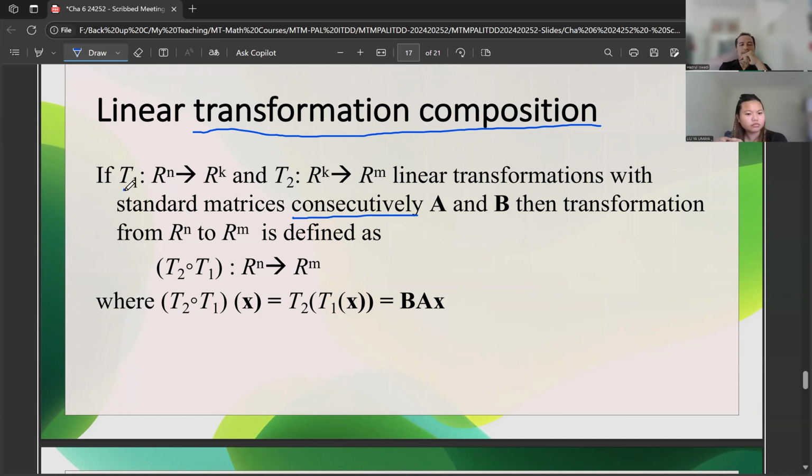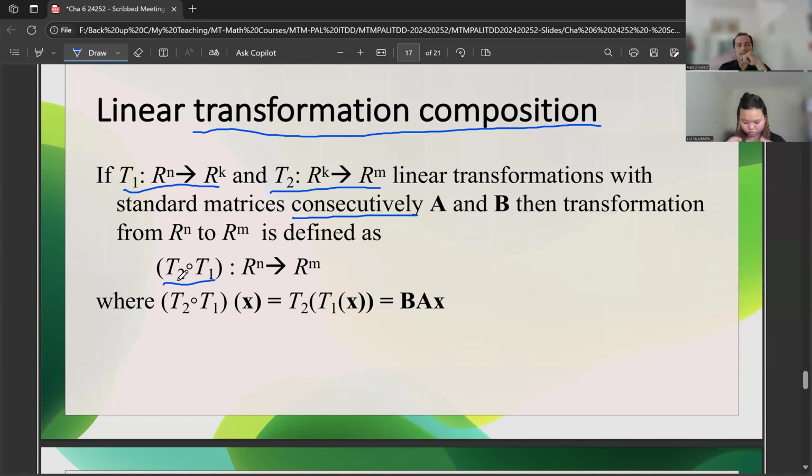Okay, this is operator number one, T1, and this is operator number two, T2. Kemudian harus tahu urutannya ya. If we write like this, berarti yang bekerja dulu itu T1.